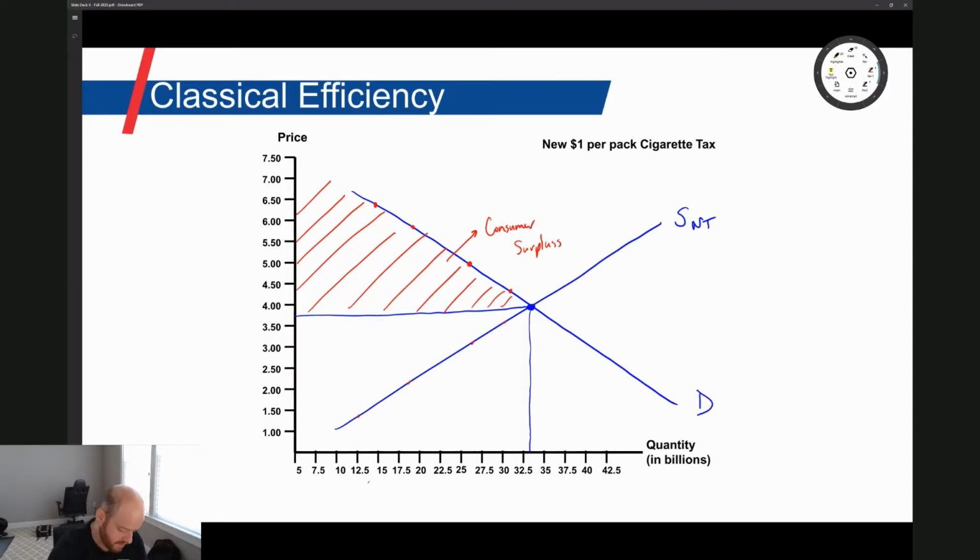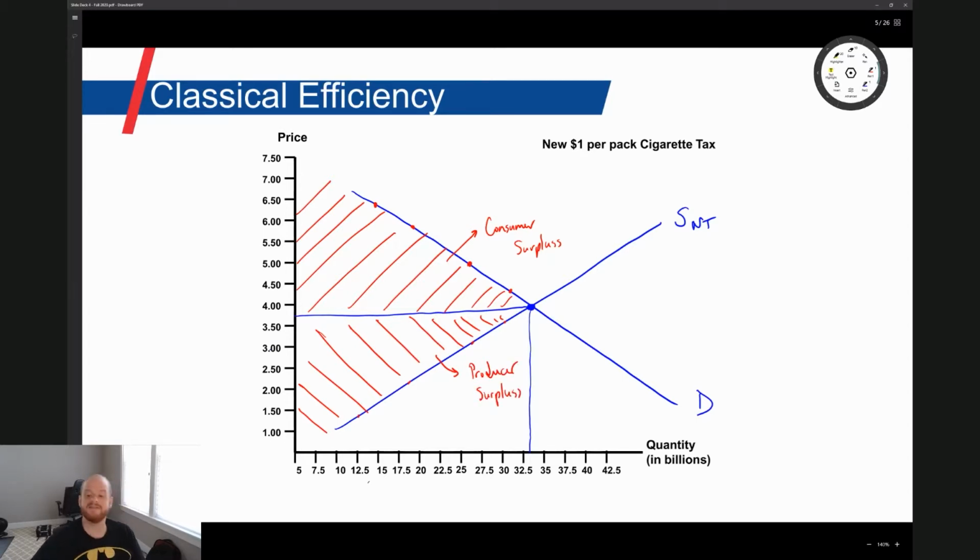So this area right here is known as the area of producer surplus, and that is the total benefit that accrues to producers. So we have an area of consumer surplus and an area of producer surplus. Everything is at balance in this market with no taxes.